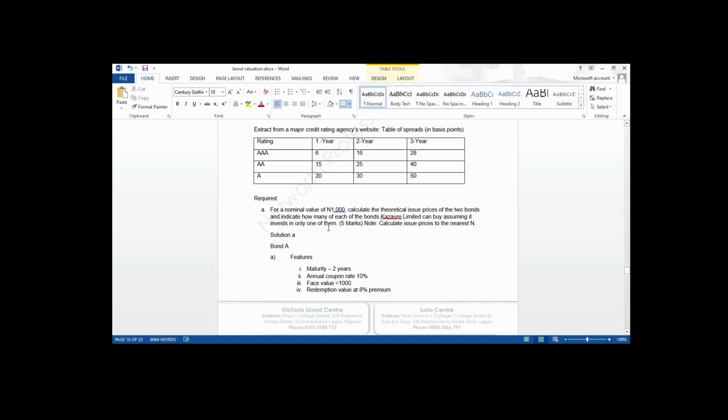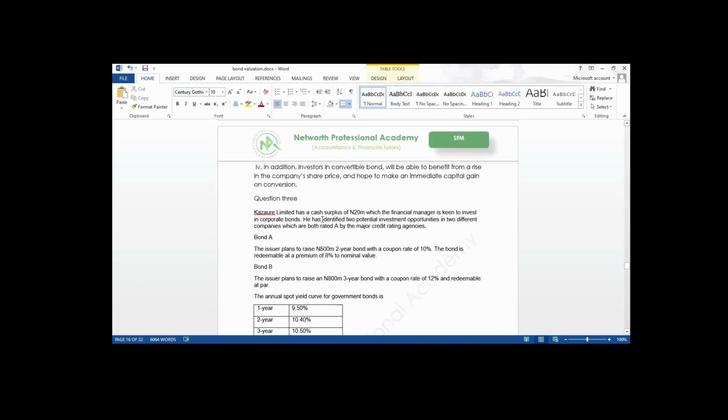Indicate how many of each of the bonds Kasari Limited can buy, assuming it invests only in one. To calculate that, Kasari has gotten 20 million for investment.